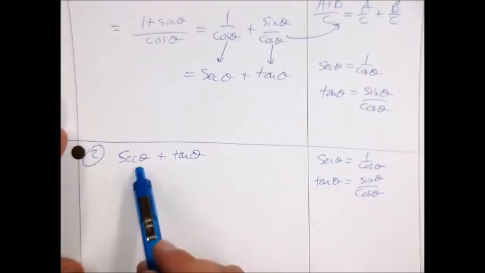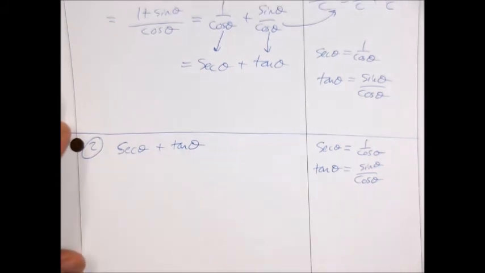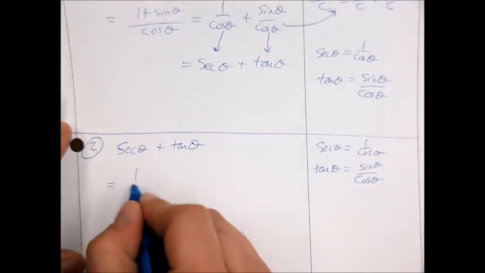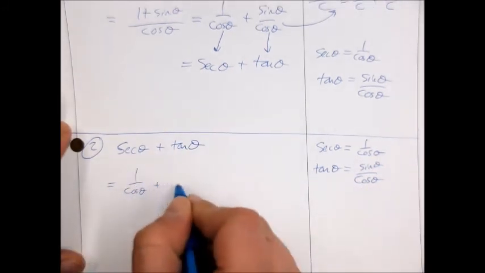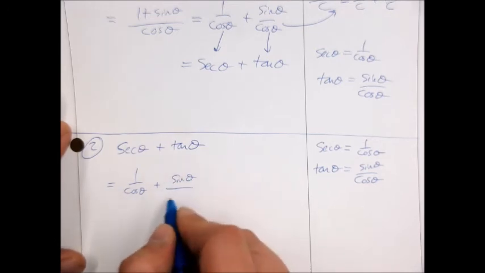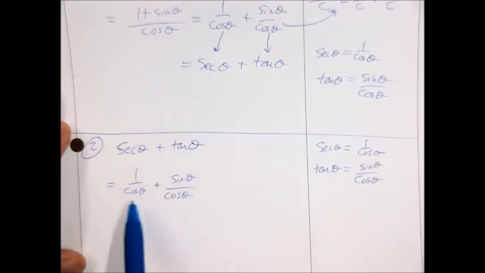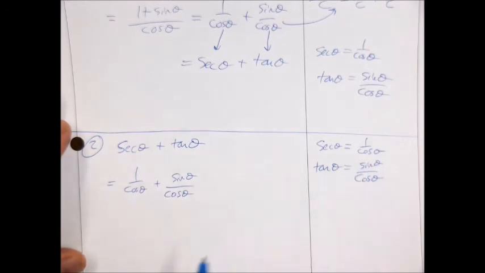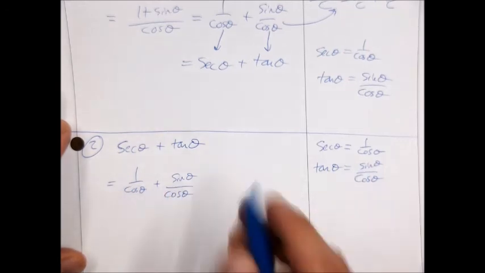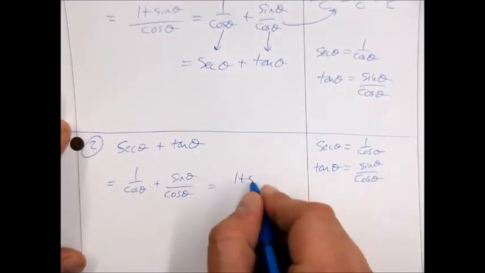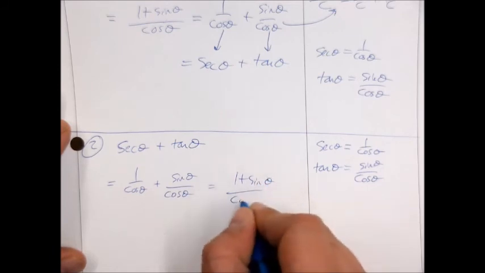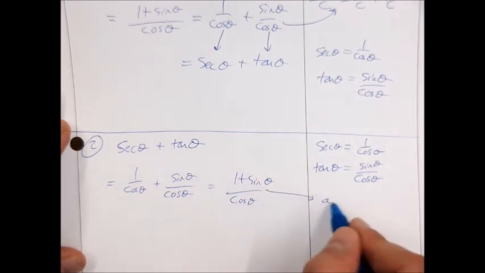All right, so let's say we started with this way instead, the right-hand side. We change things to sines and cosines, and we're basically going to go backwards in the way we just did, although it does look slightly different. So we get that, right, using those substitutions. We have the same denominator, so we can go ahead and just add the fraction. Right, so I just added the fraction.